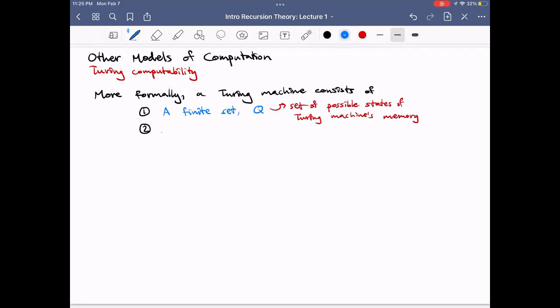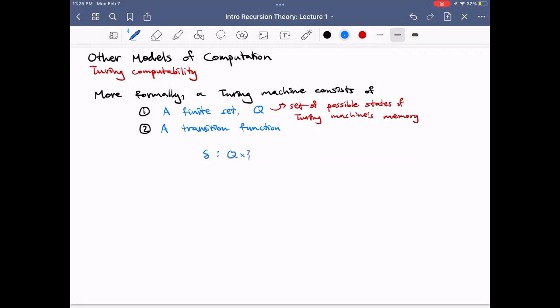And secondly, we have a function, which is usually called a transition function, telling us basically what the Turing machine will do at the next step.